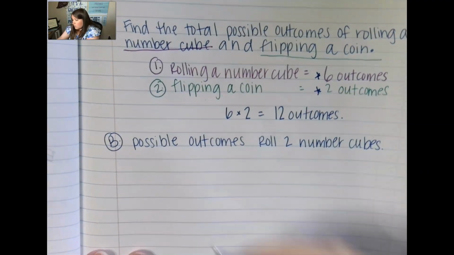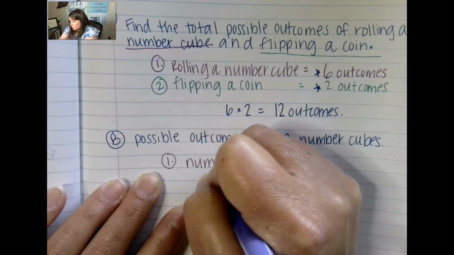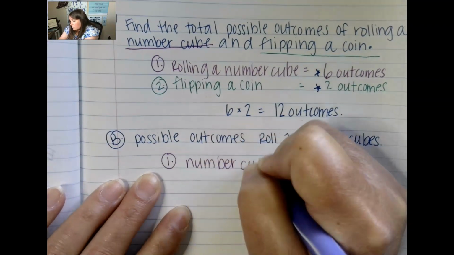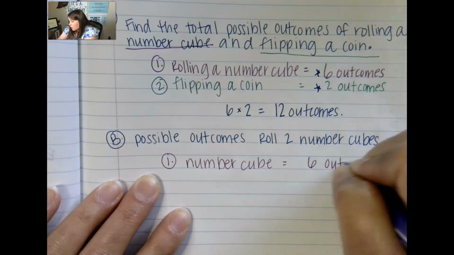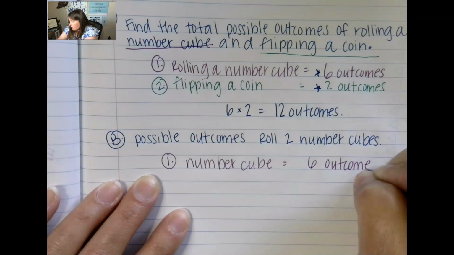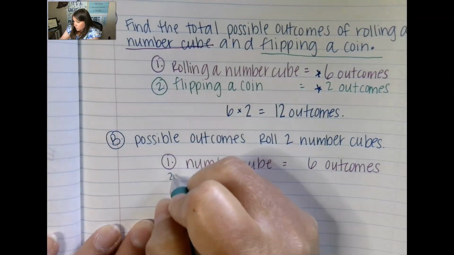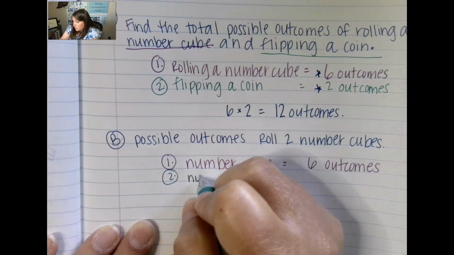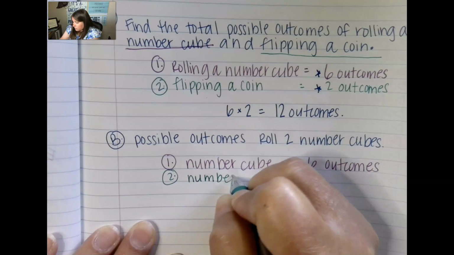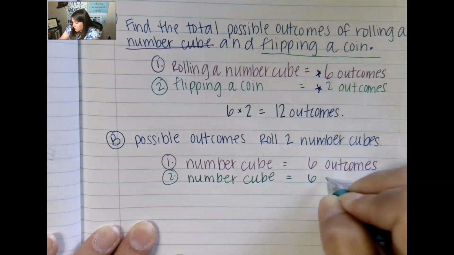So my experiment number 1 is a number cube. We know that there are 6 possible outcomes. And if I do it again, event number 2 is also a number cube. So that one has 6 possible outcomes.